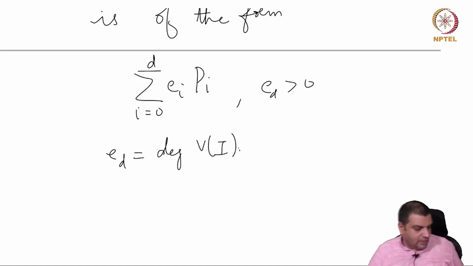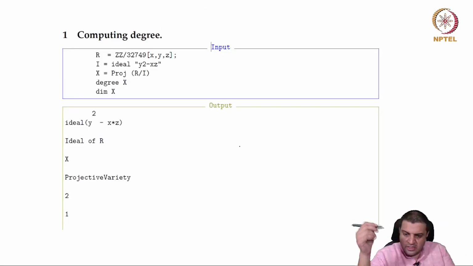Let's look at a couple of examples. Here is an example of computing degree. We take a polynomial ring in some large characteristic. Even if this is a finite field, one would still have enough linear forms, at least the way we have set this up.